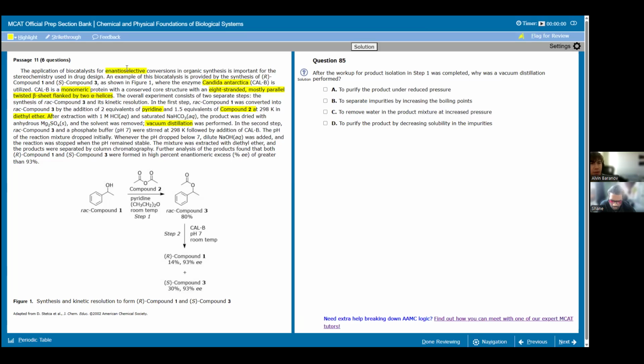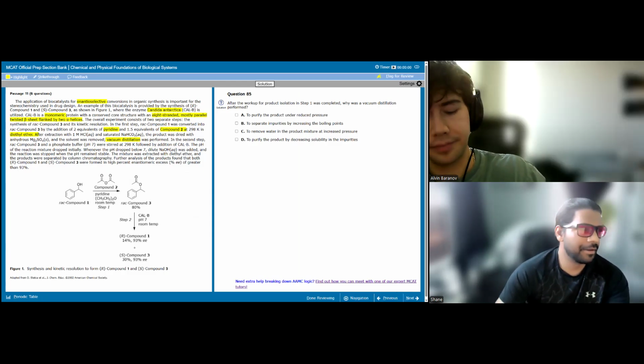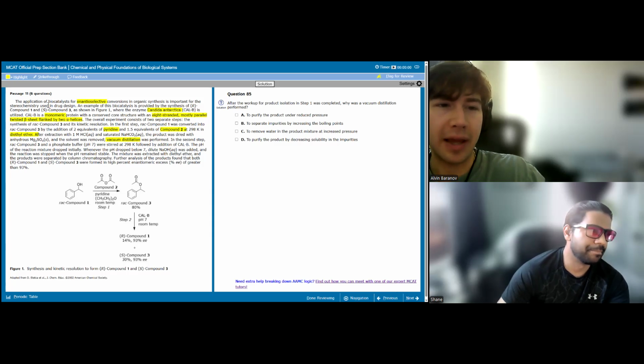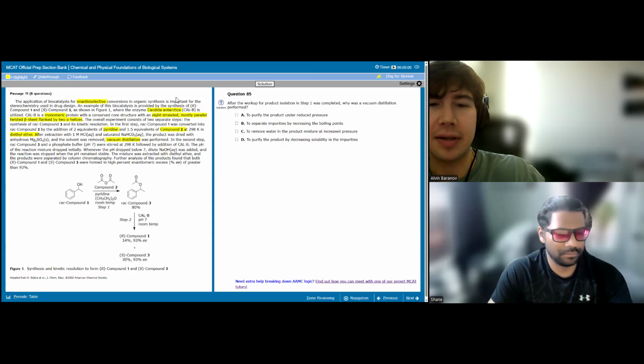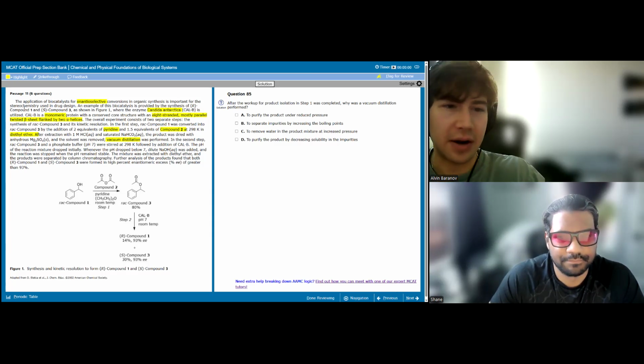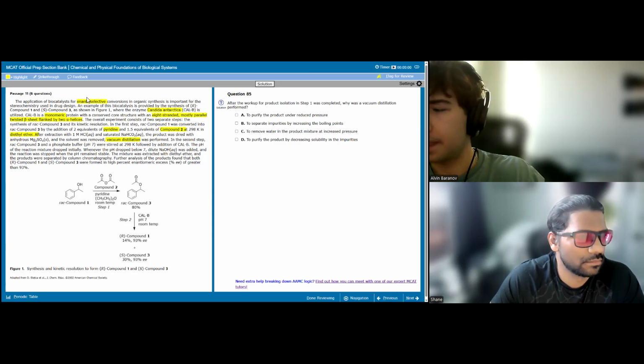Enantioselective I highlighted because it's like selecting for an enantiomer. Application of biocatalysts for enantioselective conversions in organic synthesis is important for the stereochemistry used in drug design.